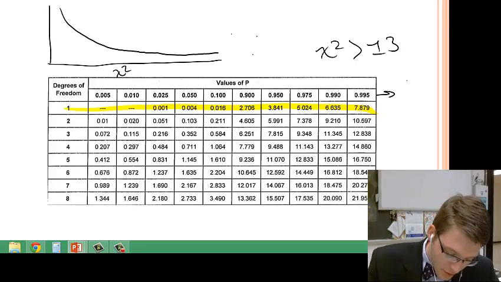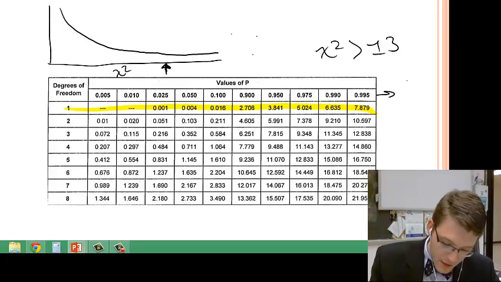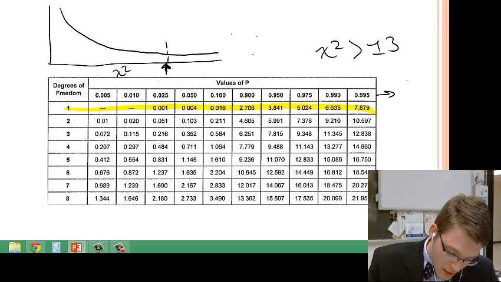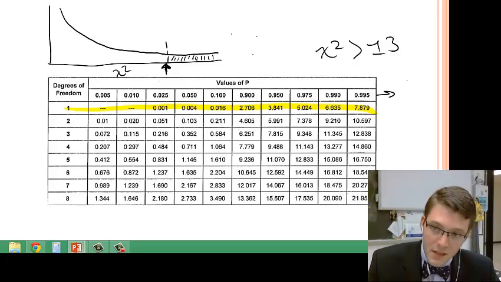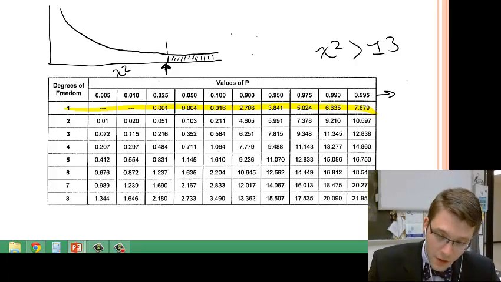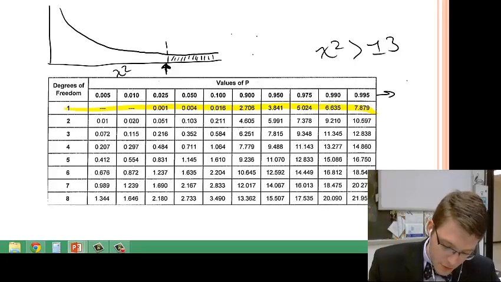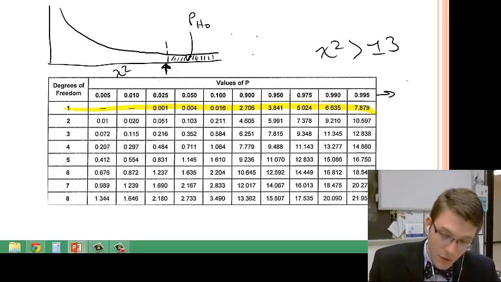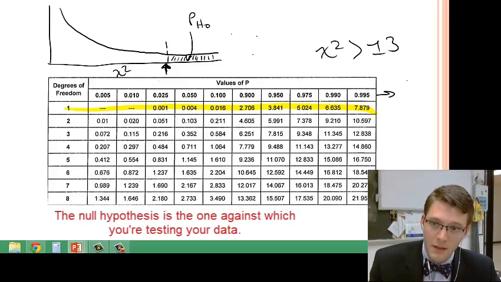A chi-square value of 13 would be pretty darn rightward on that distribution, okay? And that means that the probability of the null hypothesis is the area underneath the curve in our chi-square distribution. So we can call this P sub h naught for the probability that our null hypothesis is true.